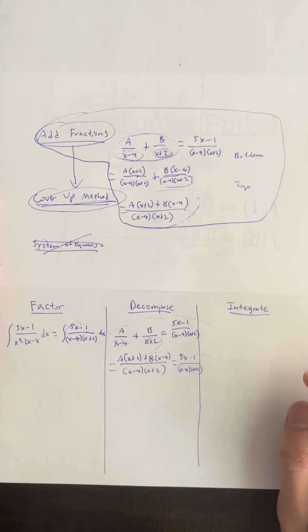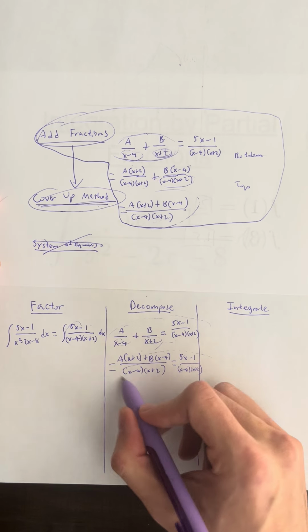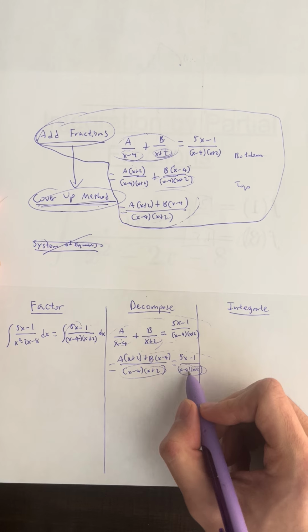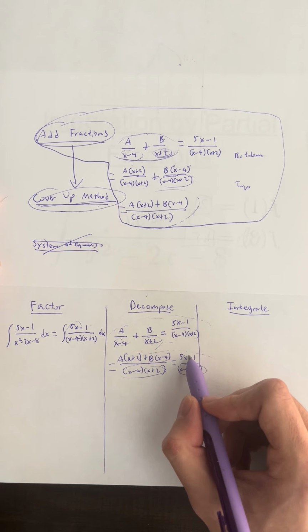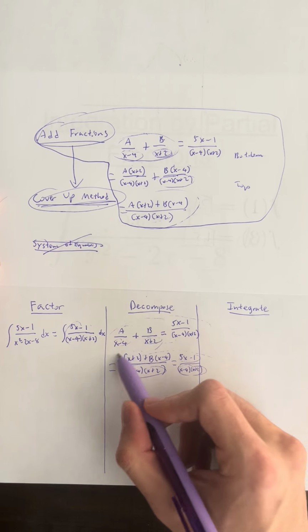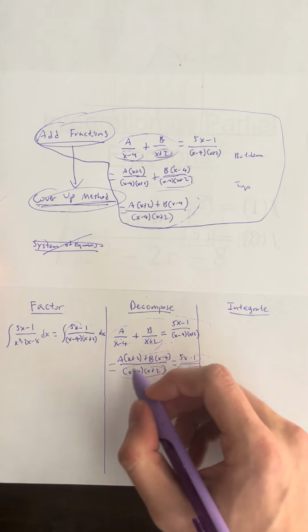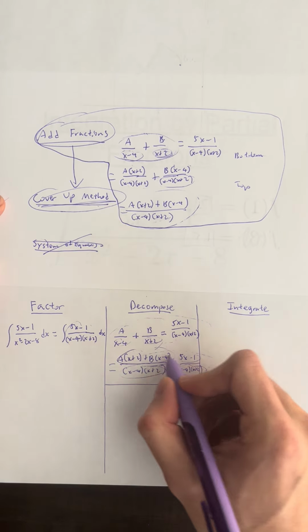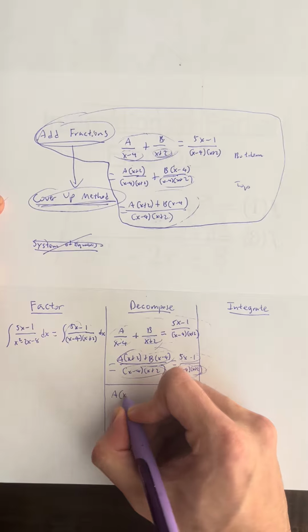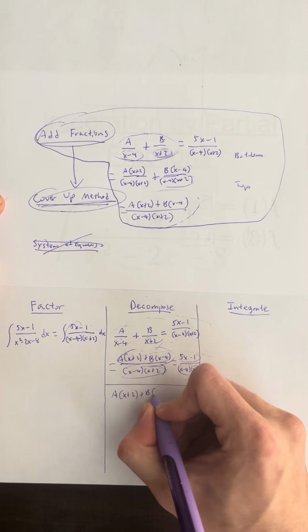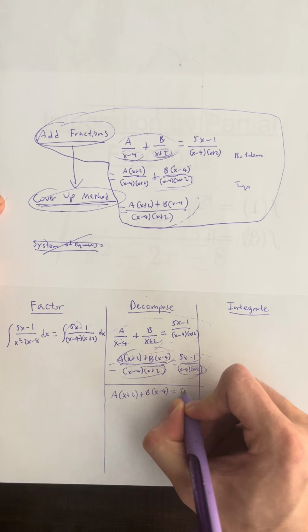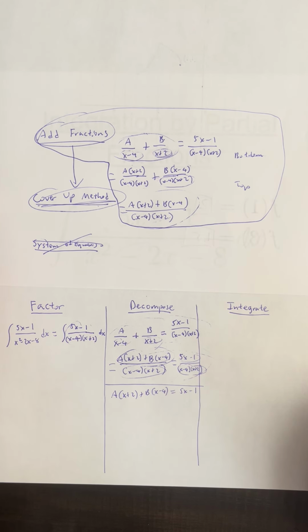Okay. Since this is equal to this, this also has to be equal to this, if we look at it over here. So, we've got this. All right.